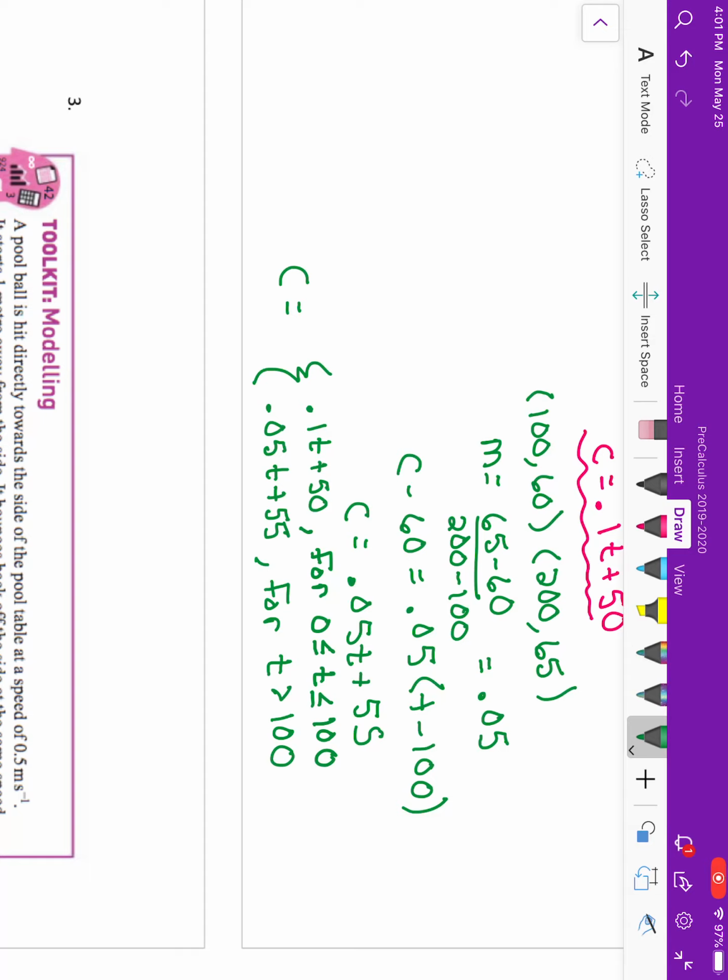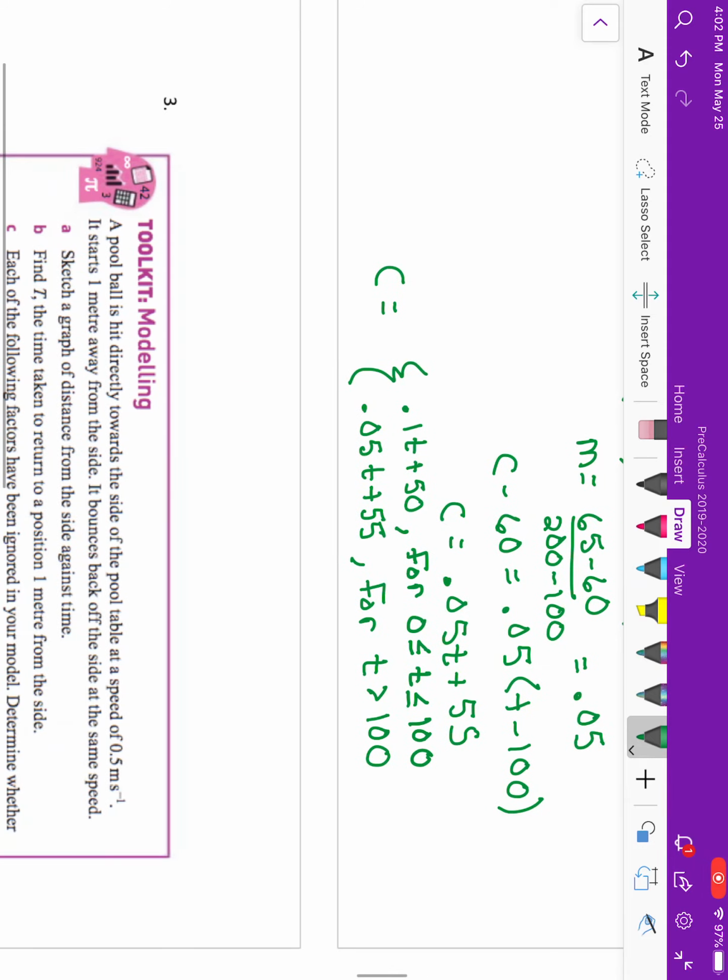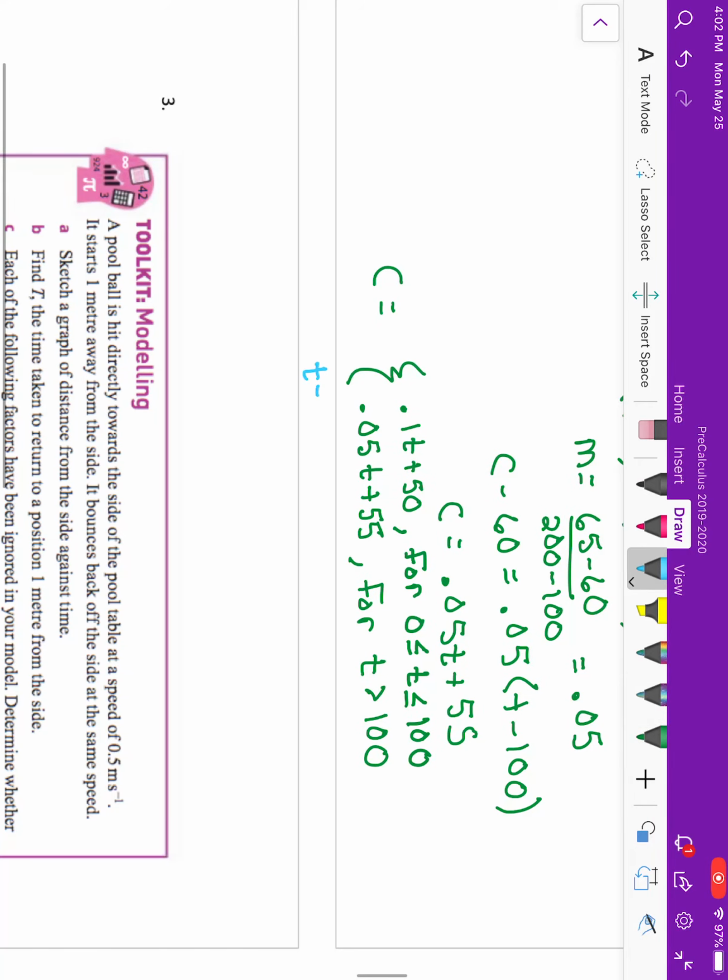The second part of our question asks, find the total monthly cost in a month when the total call time was 350 minutes. So all we're going to do is say t equals 350 minutes. So c would equal 0.05 times 350, because we're using this equation here, because t is greater than 100, and then plus 55 for a total of 72.5.